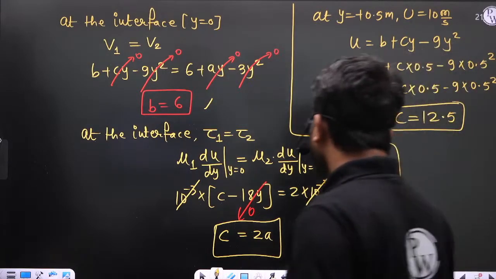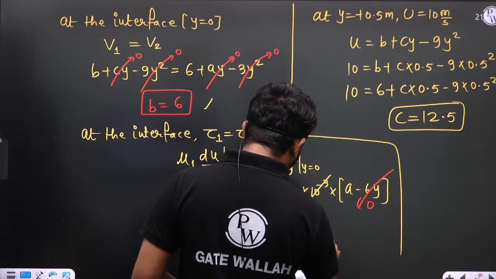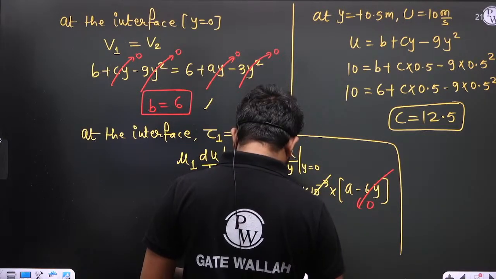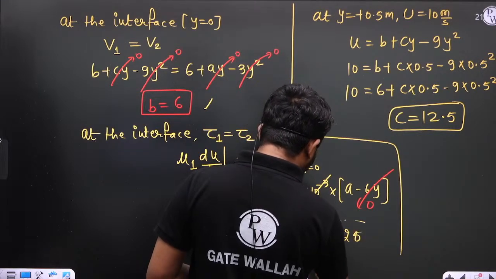And once you know the value of C, we can find A is equal to 12.5 by 2, which comes to 6.25.